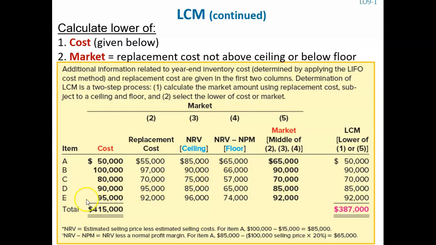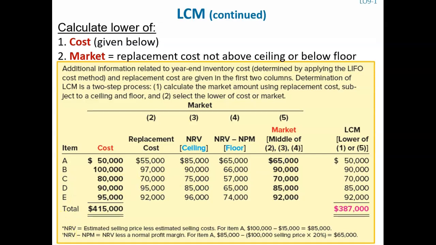When replacement cost is below the floor, such as in item A, then we will select the floor as the market. When replacement cost is above the ceiling, such as items B and D, then we select the ceiling as the market.